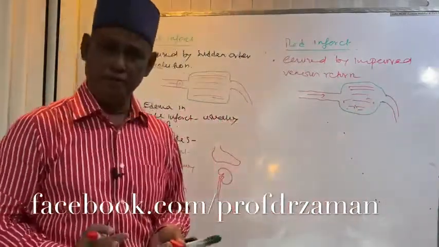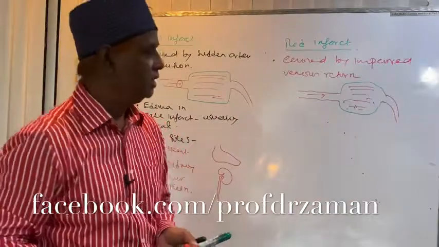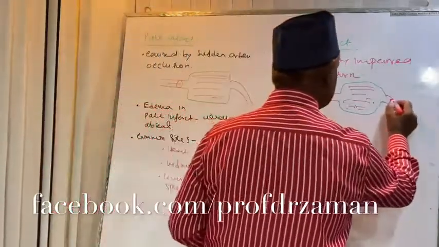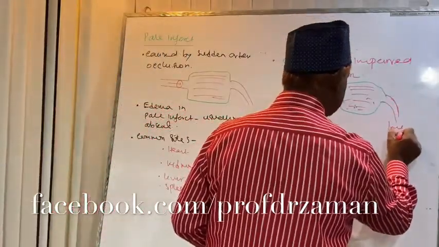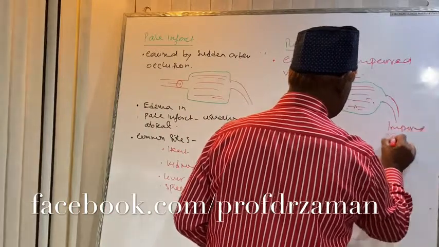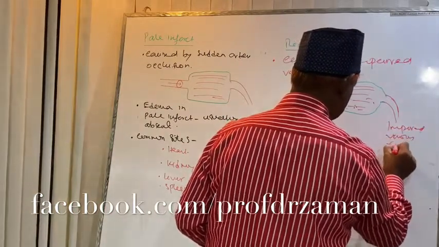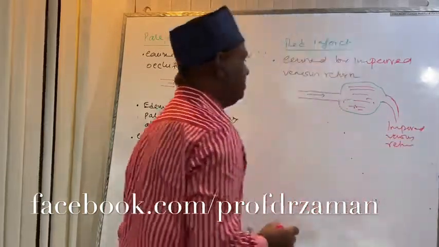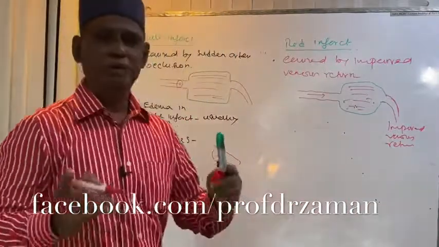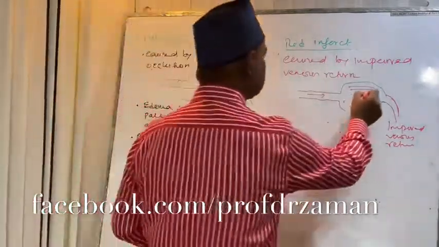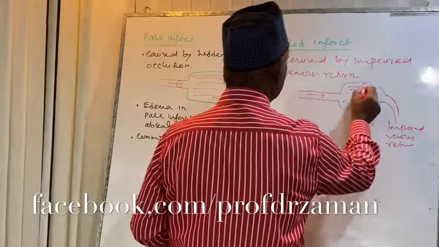Again, suppose this is arterial, this is the tissue, and this is the venule. These are the capillaries in the tissue.